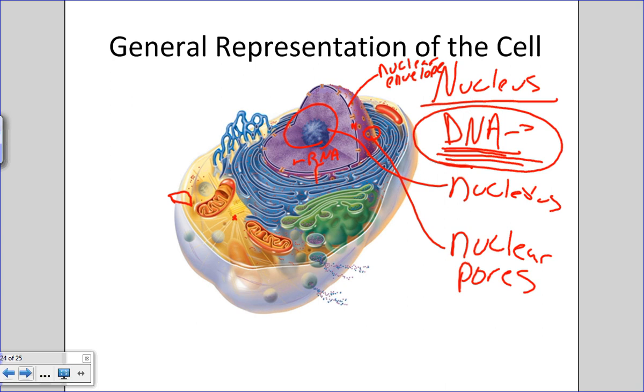All those proteins that drive life are synthesized from DNA. And all of this here within the nucleus is where you find the chromatin, or the tightly packed stored DNA.